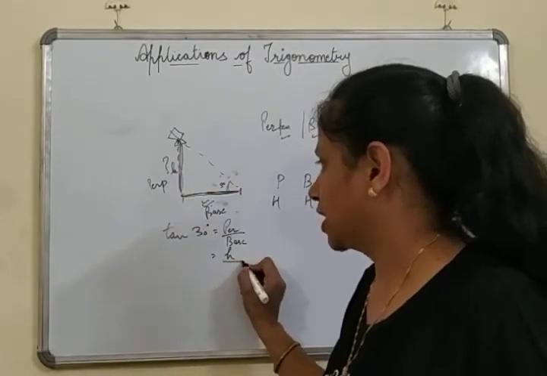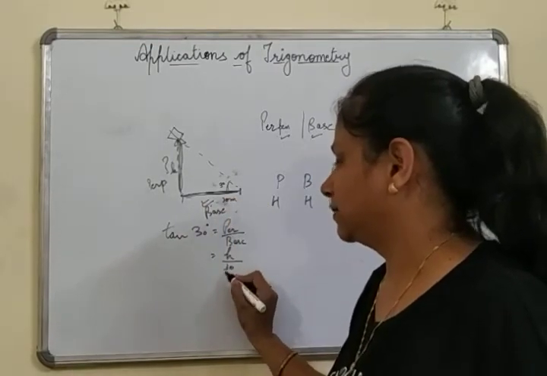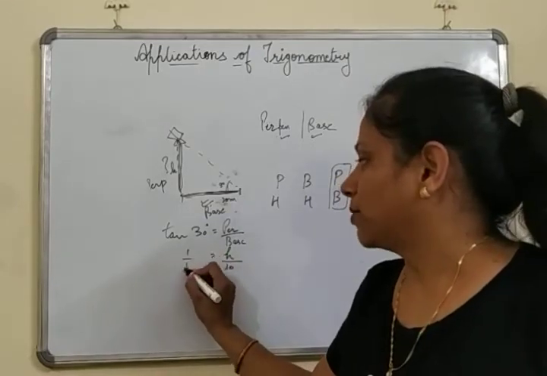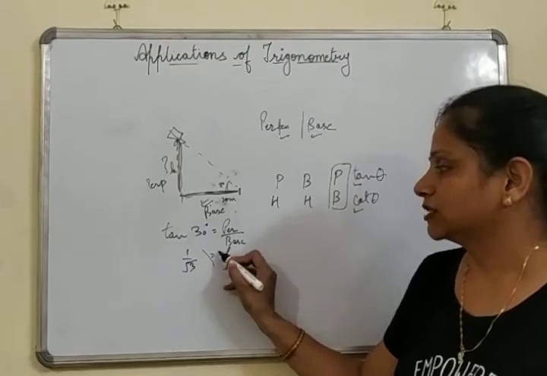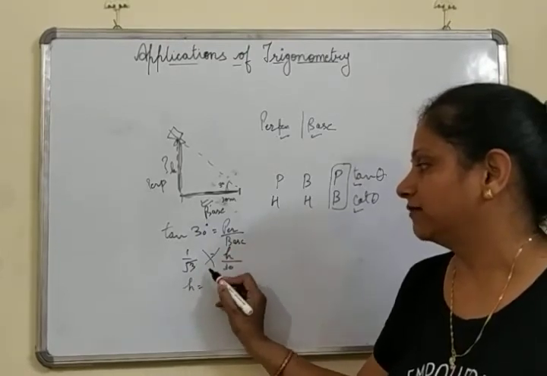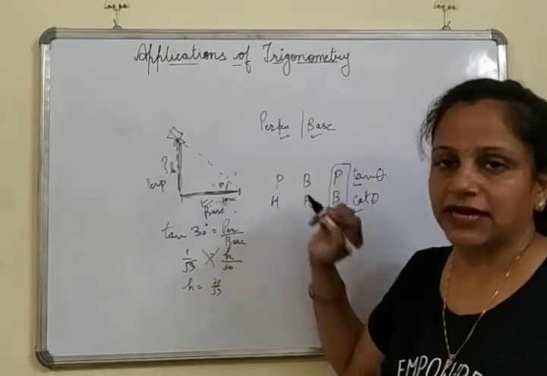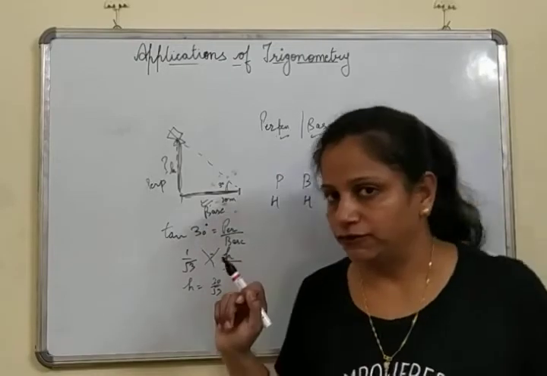That means h upon, what is the base? Say for example this is 30 meter. What is the value for tan 30 degree? It is 1 upon root 3. Then just cross multiply them and then we can find the height of this kite from the ground. So this is just one example that I have told you.